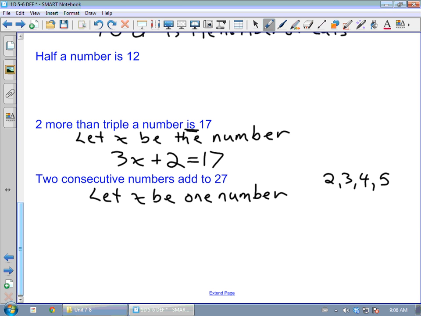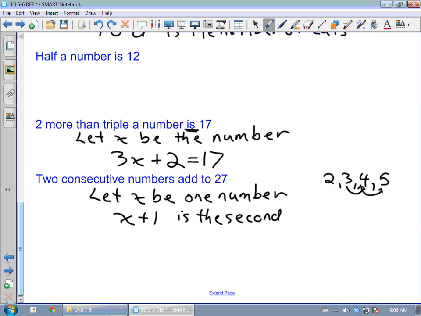Let x be one number. If I want to go from one of these numbers to the next number, what do I have to do? What do you think, Abby? Yeah. Okay, so our second number is going to be x plus 1.